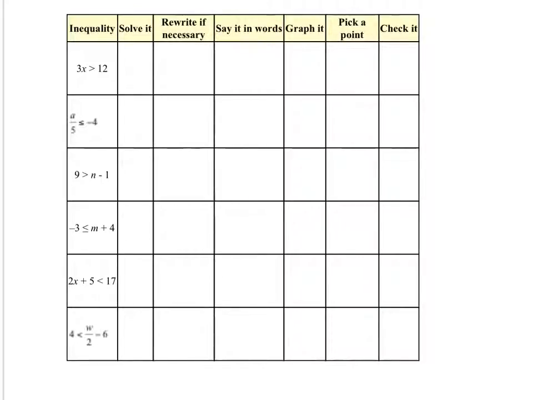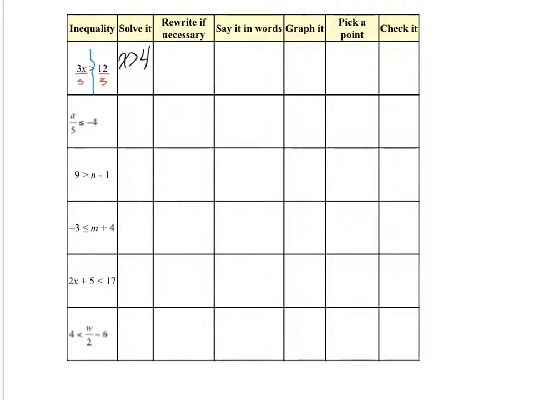So we're going to draw our little river. So we're going to divide by 3, and we get x is greater than 4.